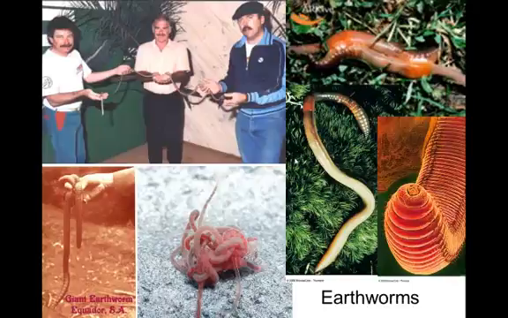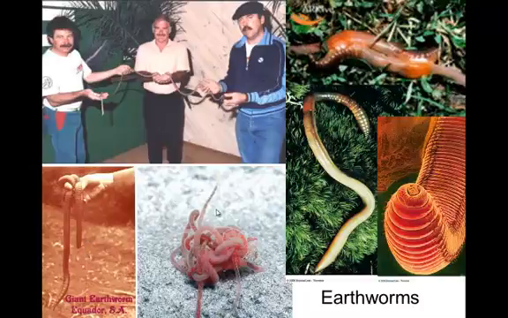Here is a photo montage showing various earthworms. This shows some of the giant ones. Here in the upper left, this is an Australian species, and you can see it's about 6 feet long, but it's not super large in diameter. This one from Ecuador, you can see it looks maybe as long, but it looks a bit thicker to me.